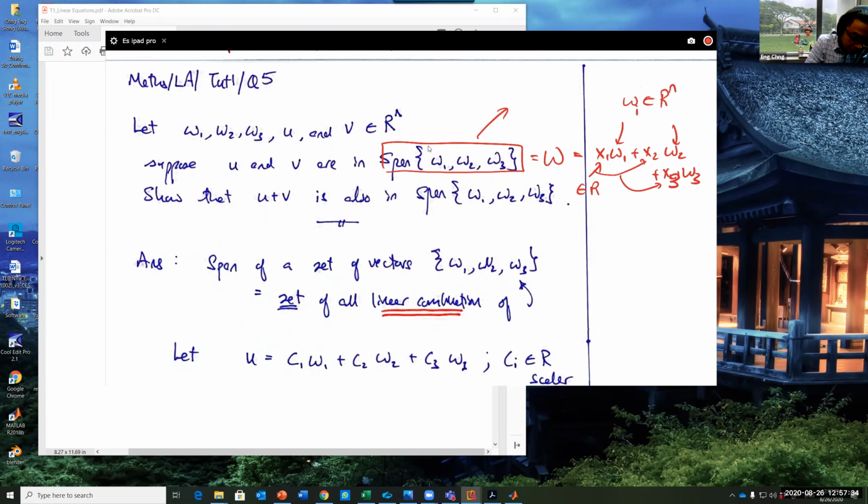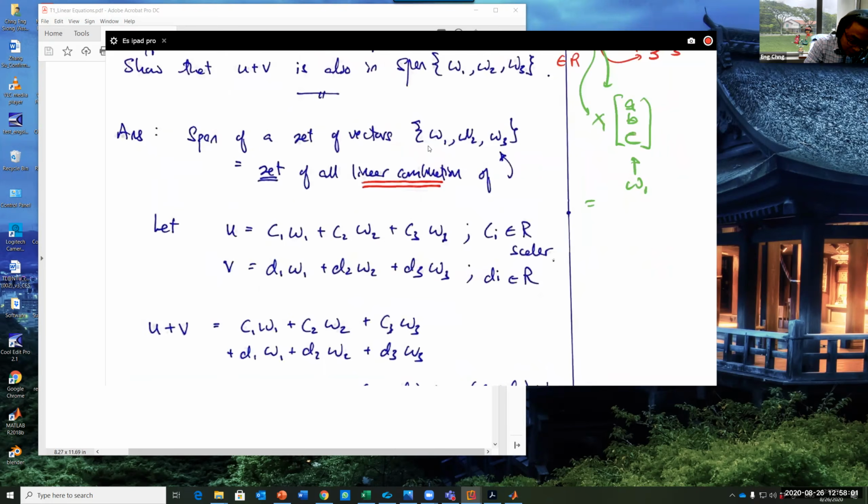So basically, what we need you to think through is, we have a vector with 3 elements. Let's call this W1. And when we multiply x1 with it, let's have the elements A, B, C just for fun. Then this notation, x1 multiplied by w1, asks you to do x1 times A, x1 times B, x1 times C. Okay, so let's have a concrete example.